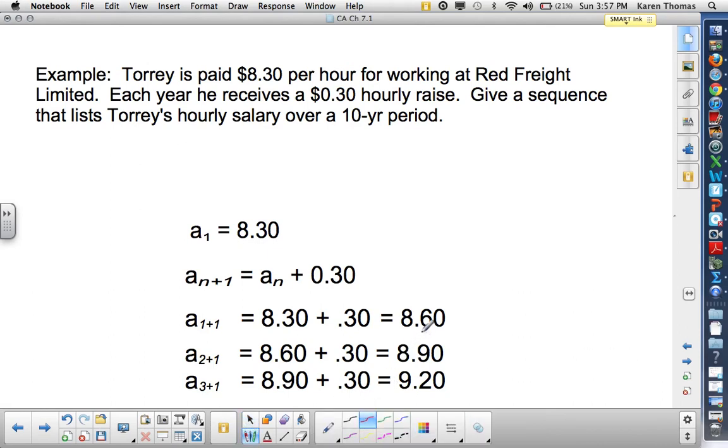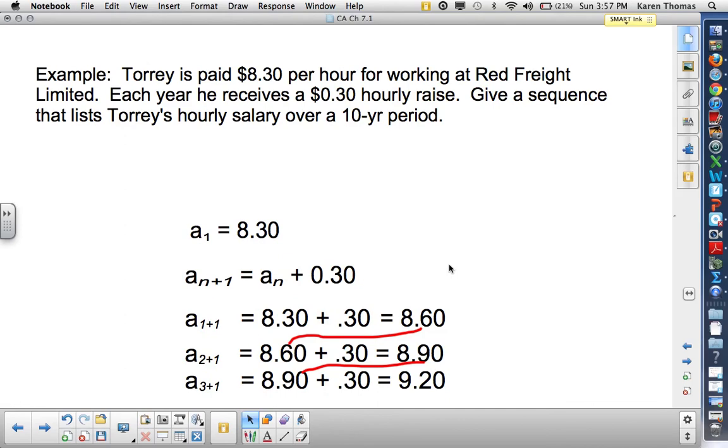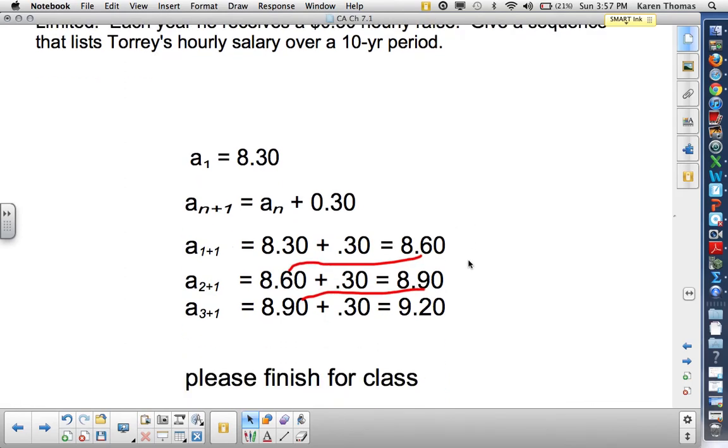So the second year, he's making $8.60. The third year, you take the $8.60 and add 30 to it. The fourth year, you take $8.90 and add 30 to it, and so on. Please finish this for class up to the a sub 10.